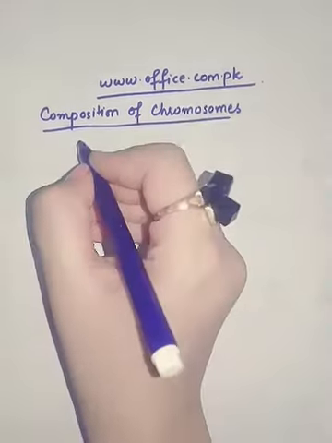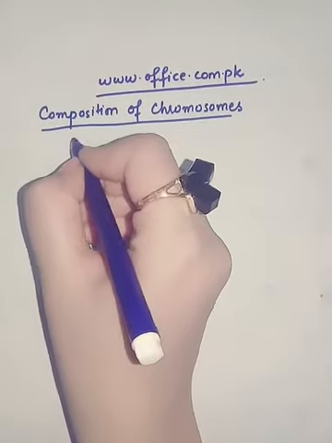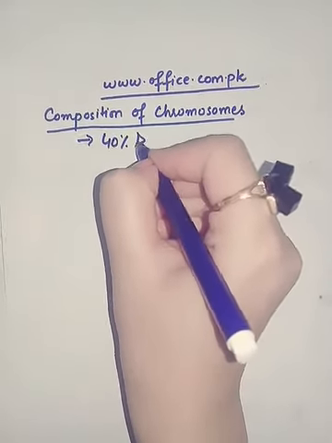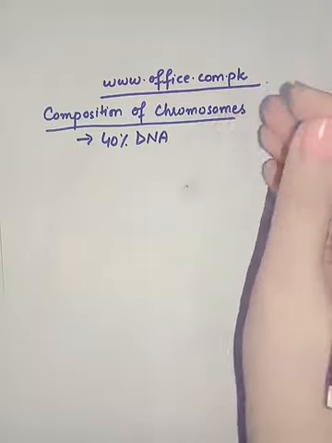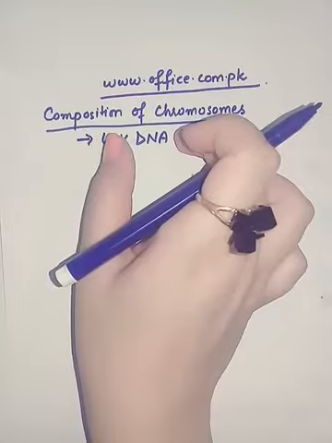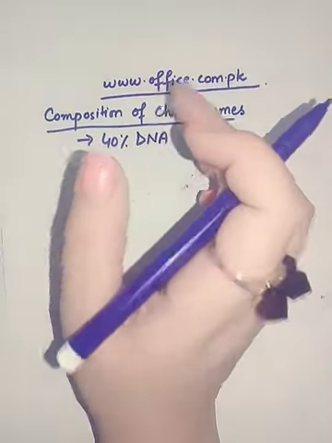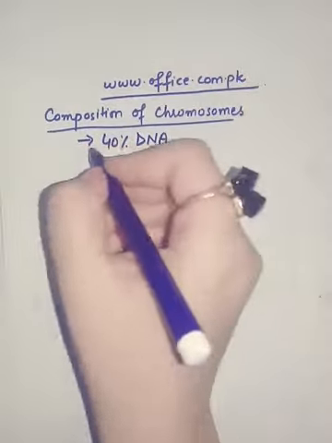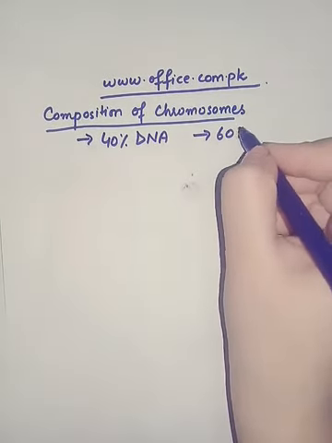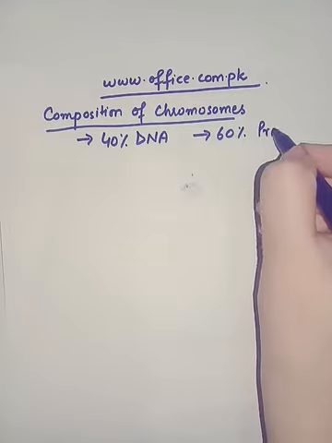So if we talk about the composition of chromosomes, they have almost 40% DNA. All of the DNA is present inside chromosomes, but it still constitutes only 40% of the whole chromosomal structure, and almost 60% is proteins.